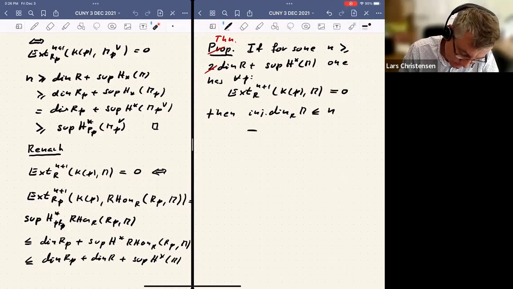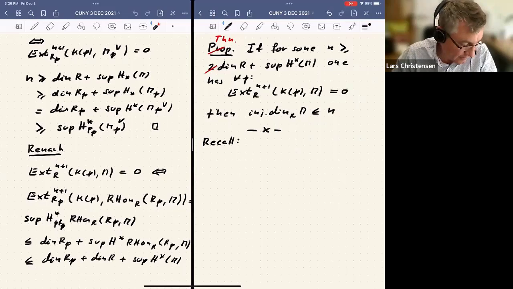I hope that I can say recall. If not, then this is a crash course in flat cotorsion theory.